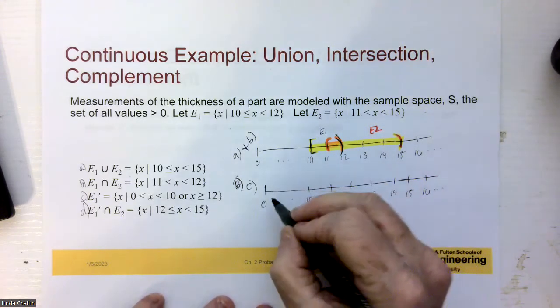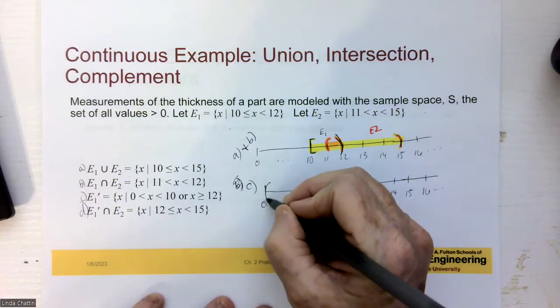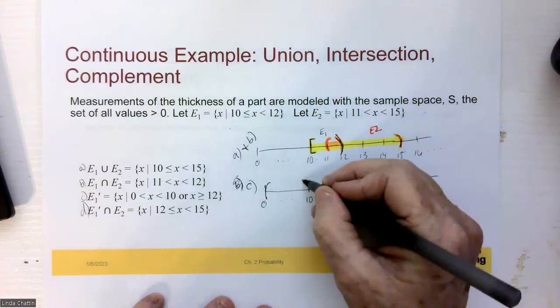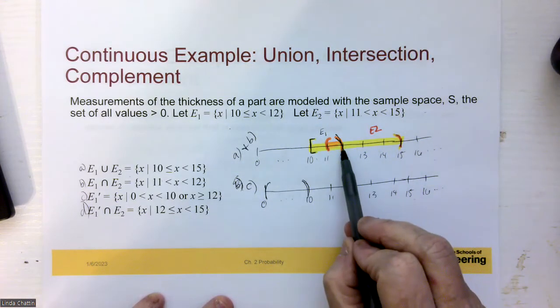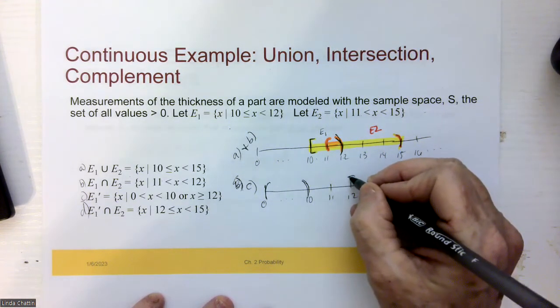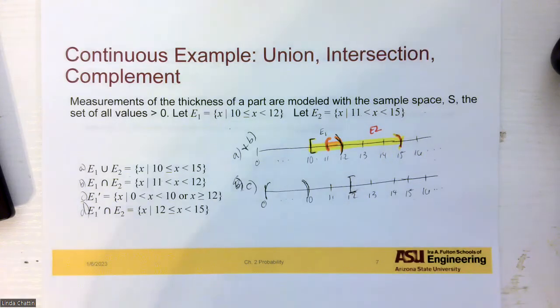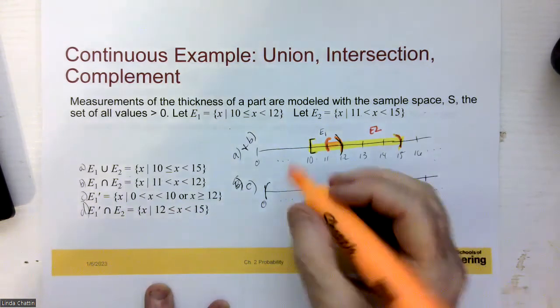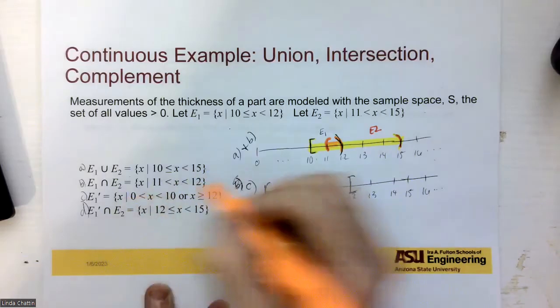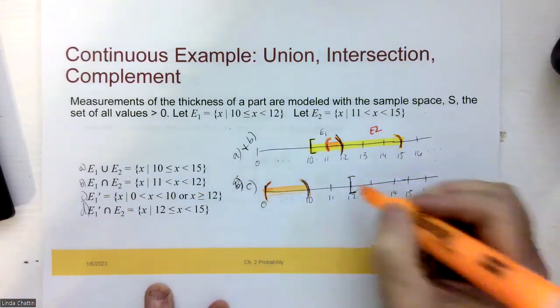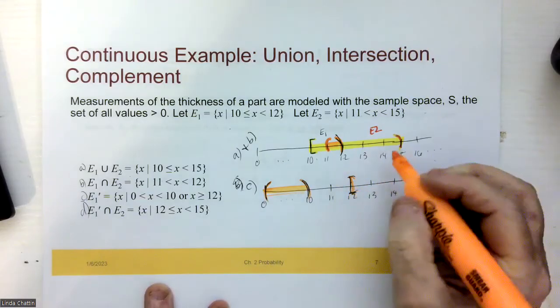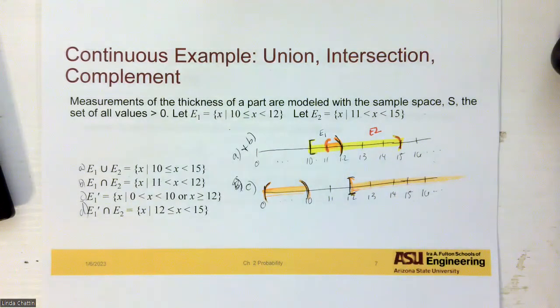So that means we would go from 0 up to, but not including 10, and then everything above 12 and including 12 right here. So that would be a representation of E1 prime. And that's what you can see here. We have 0 to 10 right here, and then 12, including 12, and then going on forever there.